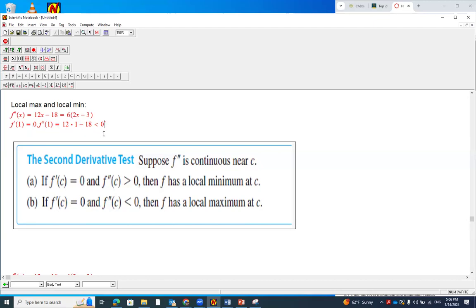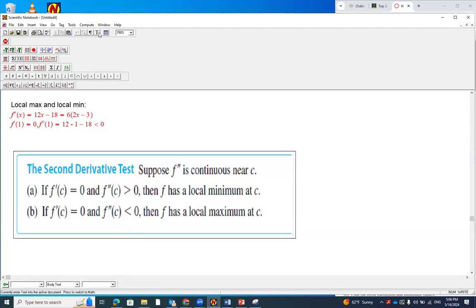Second order derivative is negative. So what do we say? We say f has a local max at 1. And then you plug in the number, f of 1, you get 2.